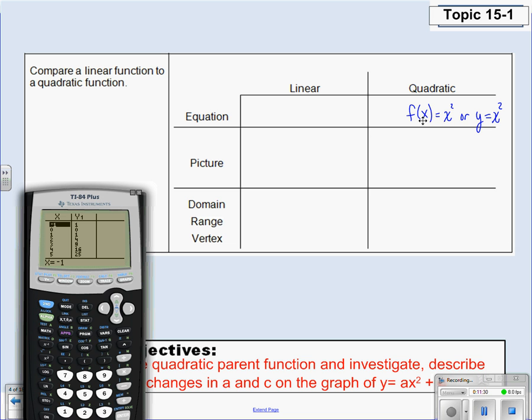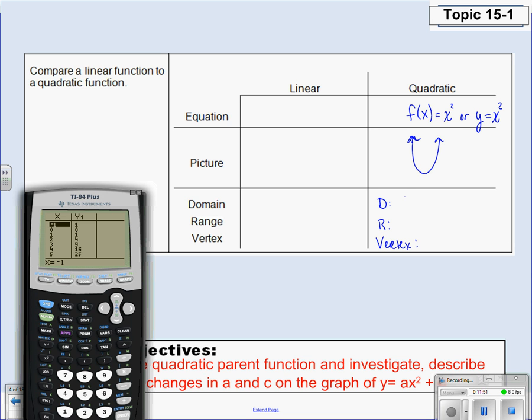F of x is function notation, but mainly you see x squared as the equation. The picture that we came up with looks like a U with arrows on the end, continuing upward. Then we got our domain, our range, and our vertex.